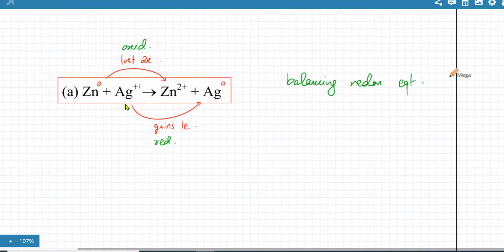Atom-wise, it is balanced. There's one zinc here and one zinc there, and one silver here and one silver there. So atom-wise, the equation has to be balanced. But in redox reactions, the number of electrons gained and lost must be balanced as well.